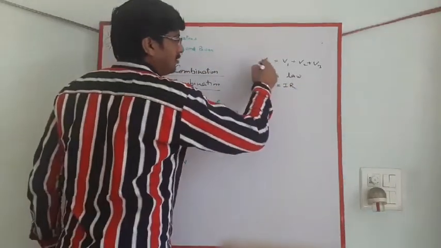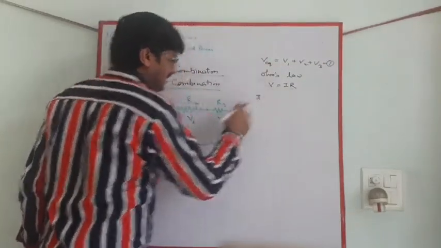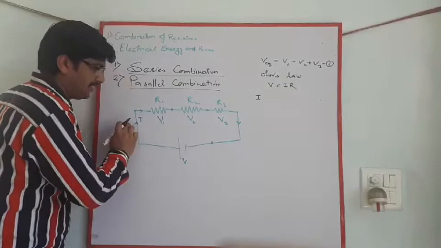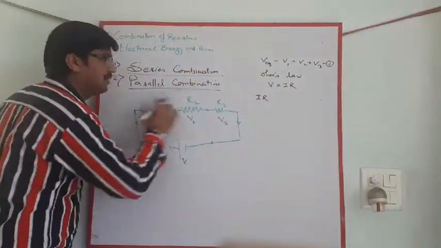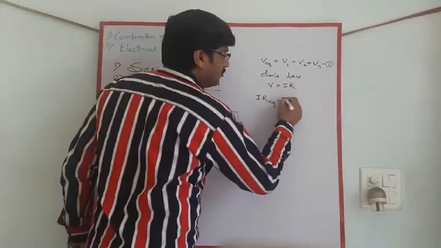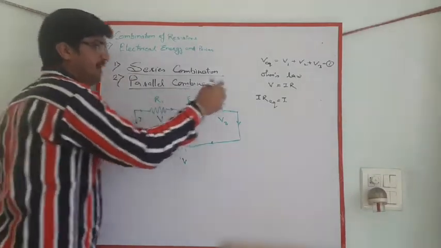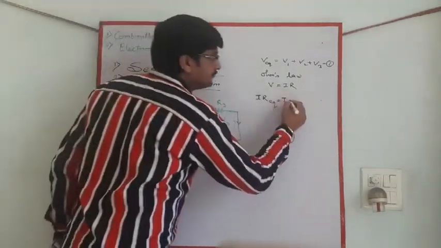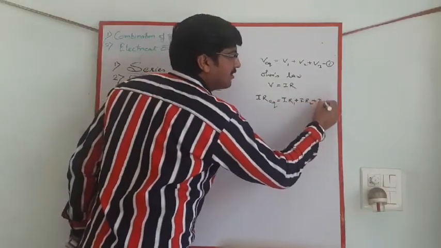Then this equation becomes: I, the total current coming through the battery, and R, the total resistance experienced by it, that is R equivalent, is equal to the current flowing through R1, I, times the resistance R1, plus I R2, similarly I R3.